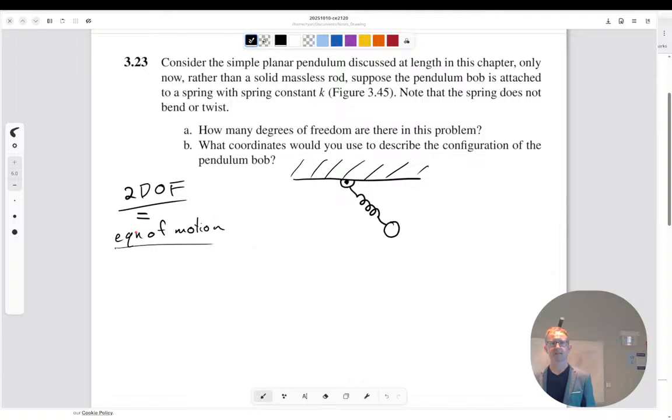Okay, and then something about how the bigger the radius, the more the spring is stretched. And then what do we want to say is angle 0? Flat? I like that.